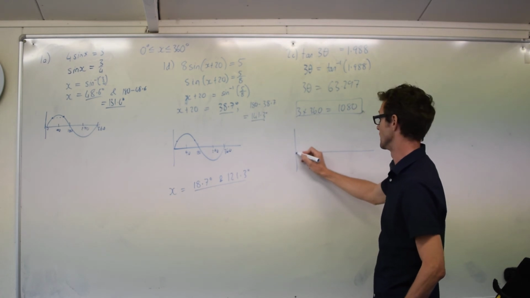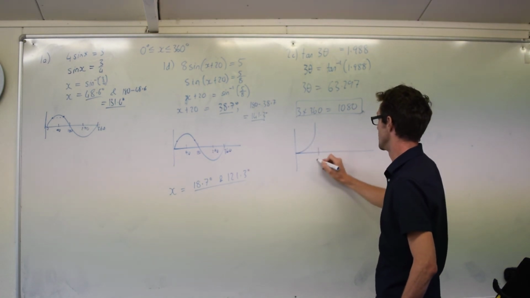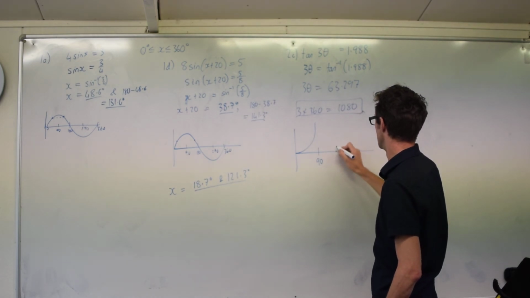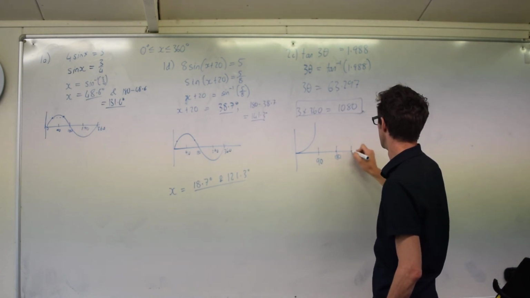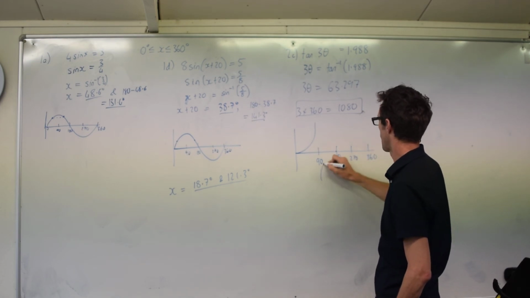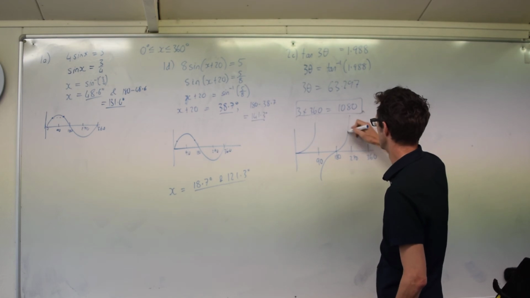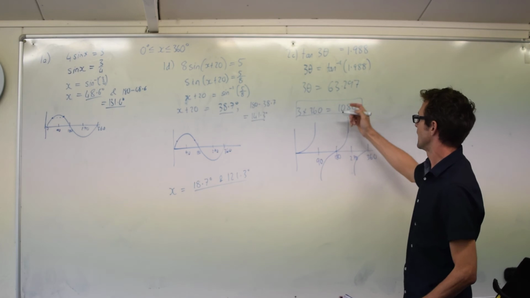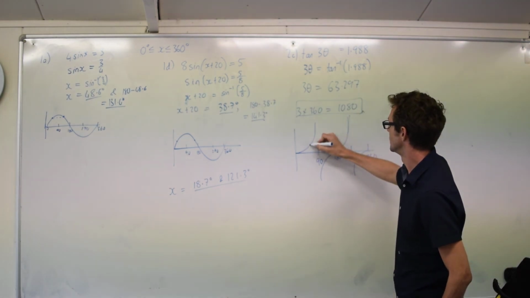Oh, I'm horrible at these, sorry. Okay, so 90, and then 180, 270, 360. Oh dear, you get the idea, right? And we found that our first one is 63.